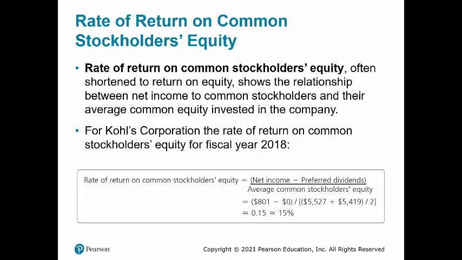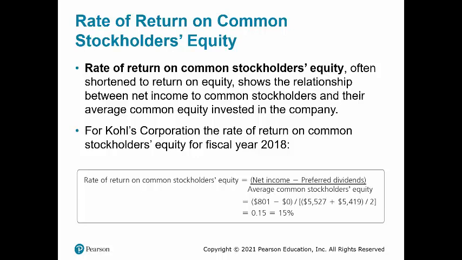Kohl's did not have any preferred dividends. So Kohl's net income, 801 million, would be divided by their average common stockholders' equity. And you can see those amounts listed on the slide. After we make that calculation, we see that Kohl's has a rate of return of 15%.